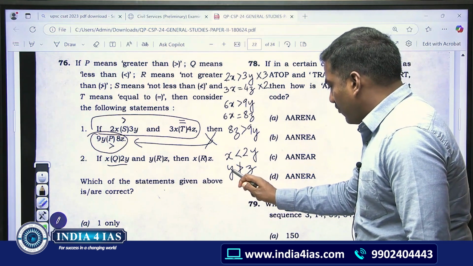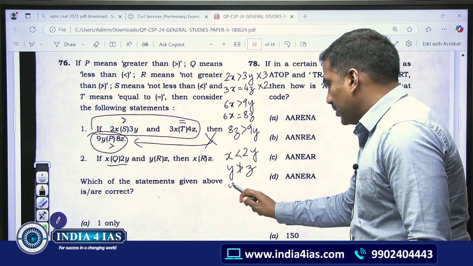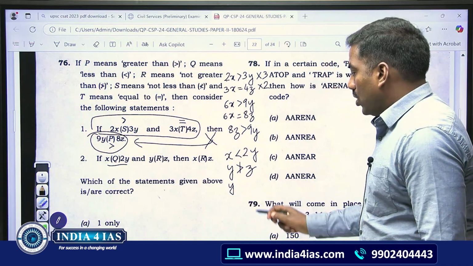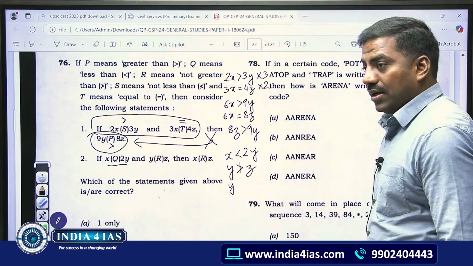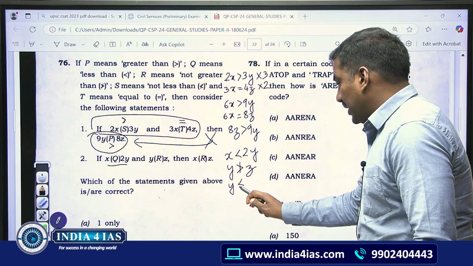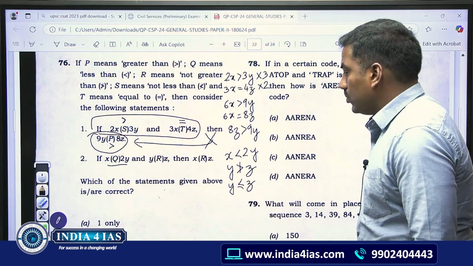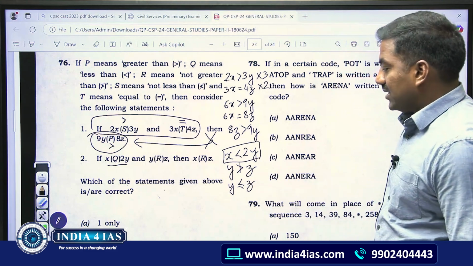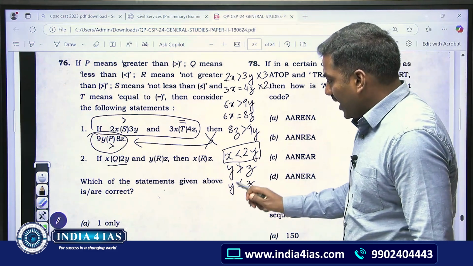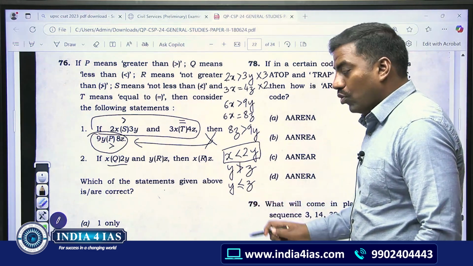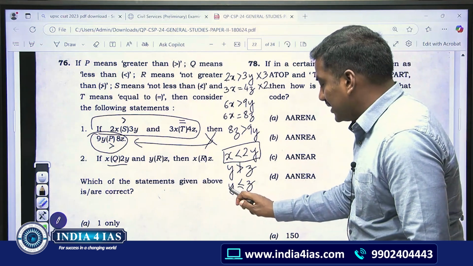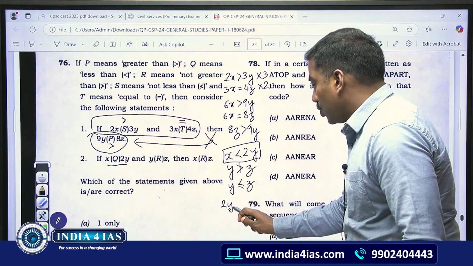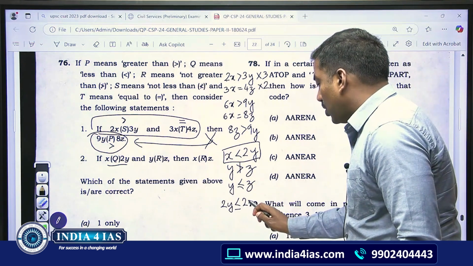When y is not greater than z, that means y is lesser than or equal to z. But here x is lesser than 2y. So to compare this, we have to make this 2y. 2y is less than or equal to 2z.